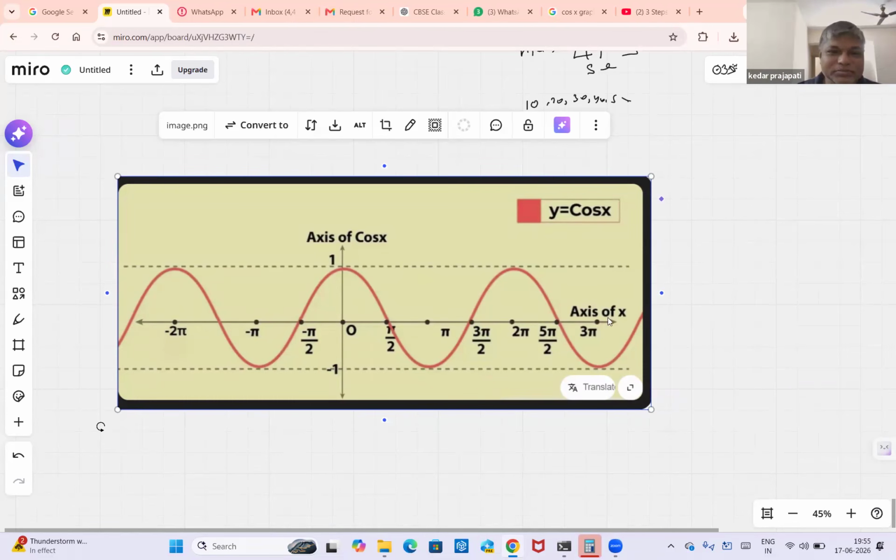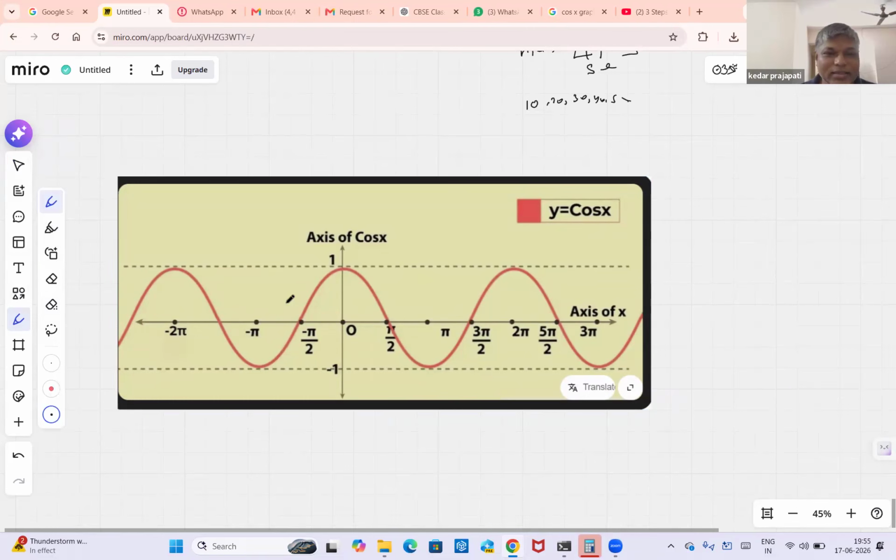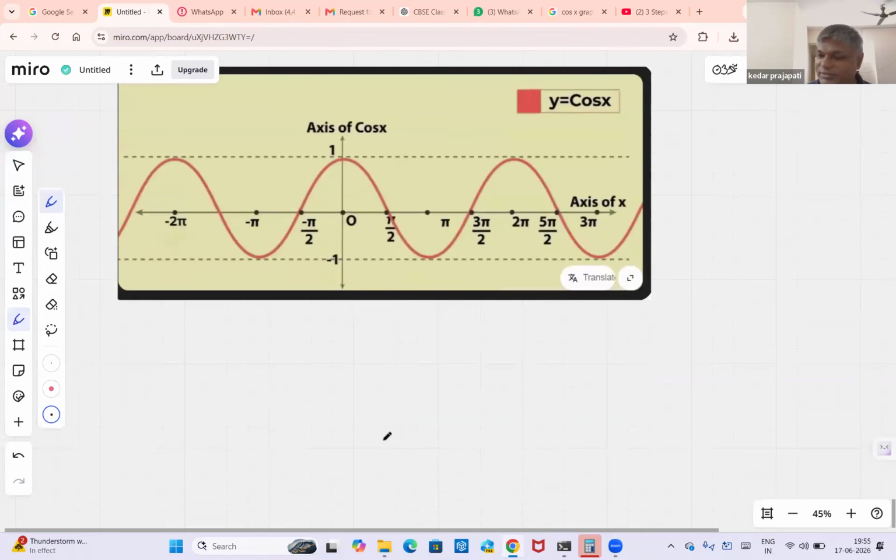All right. So see Dheeraj, this is the graph of cos x, right? Suppose x and y axes are there.